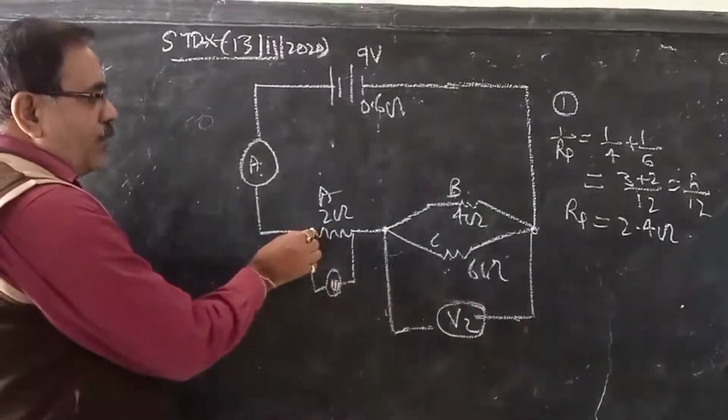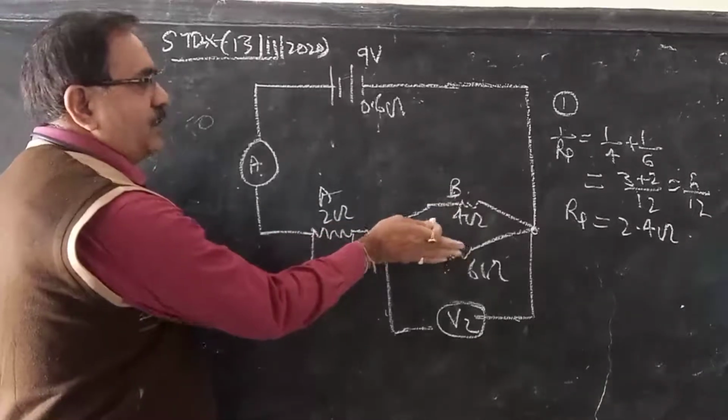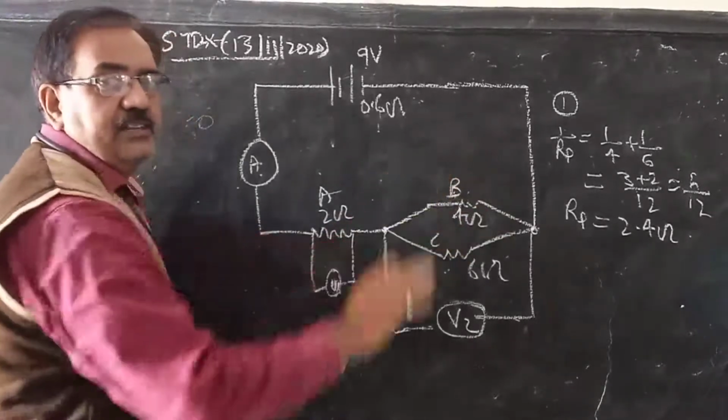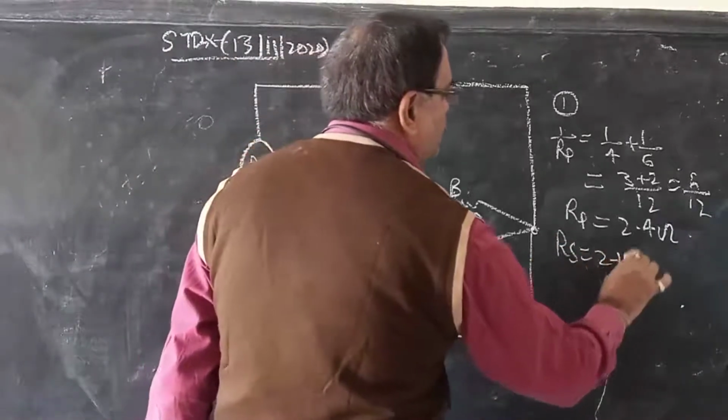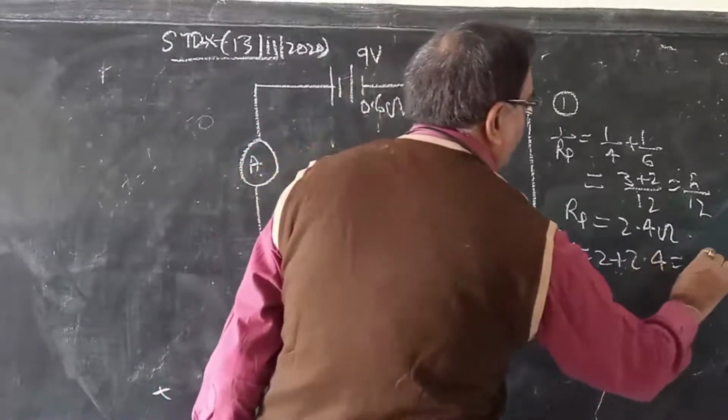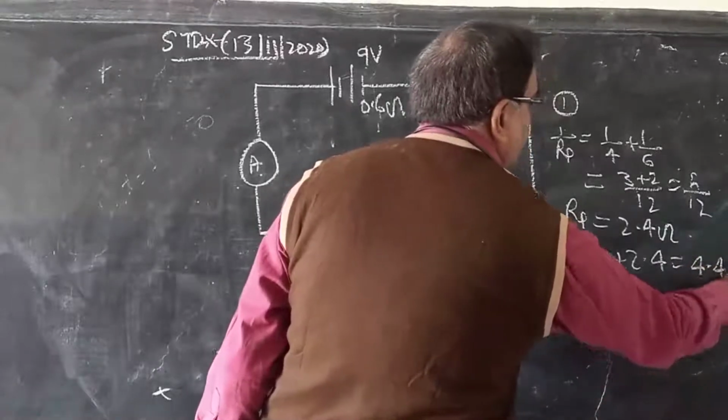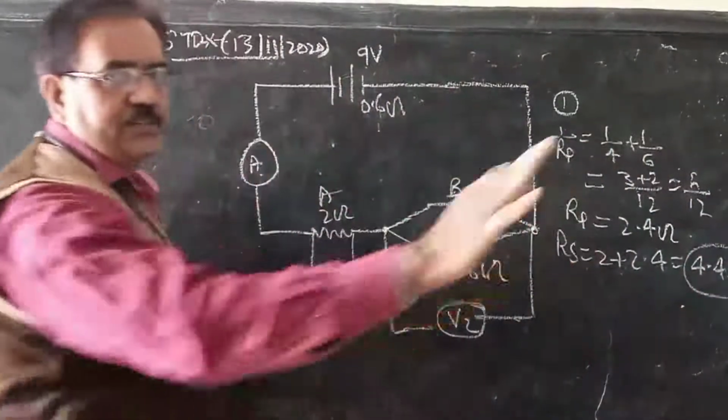Right. Now this one and this equivalent resistance will both be in series. So what is the total external resistance? 2 plus 2.4 ohm, that is 4.4 ohm. This is the total external resistance of the cell.